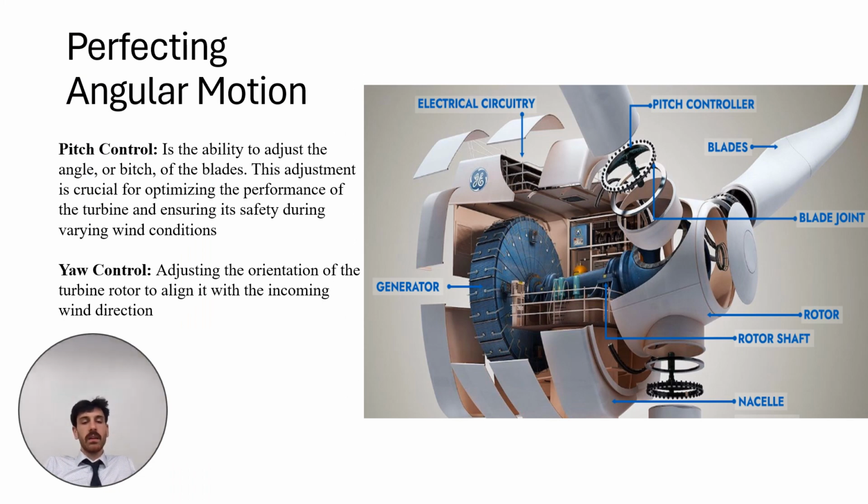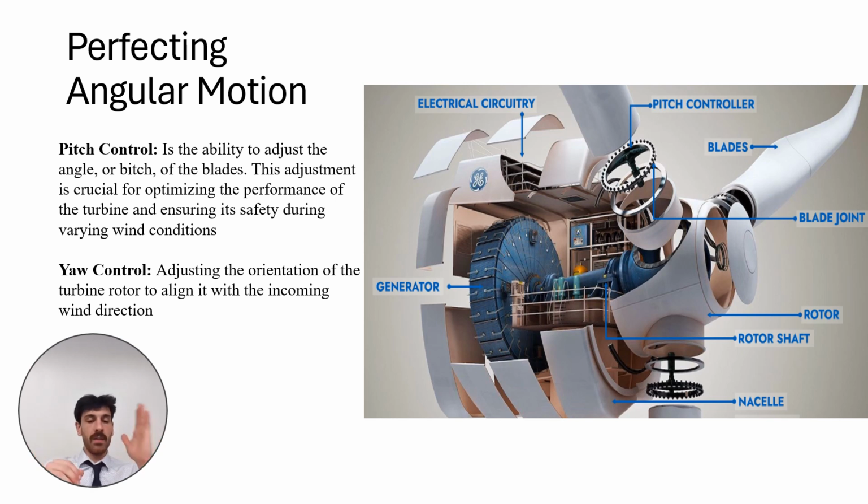Perfecting angular motion is important to generating effective power, or power that matches the grid. We're able to do this with pitch control and yaw control. The goal is to spin the blades of the rotor in order to generate a frequency and power output that matches the grid.